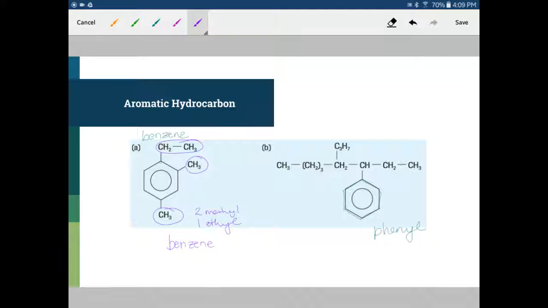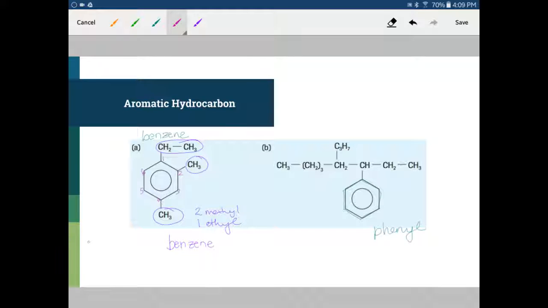So when I go to name this, I'm going to give priority to my ethyl group, partly because it's better to have my ethyl first because it's alphabetical. If I have the smaller number with my lowest alphabetical letter, then that's probably going to be the best way to do this. So I have 1, 2, 3, 4, 5, and 6.